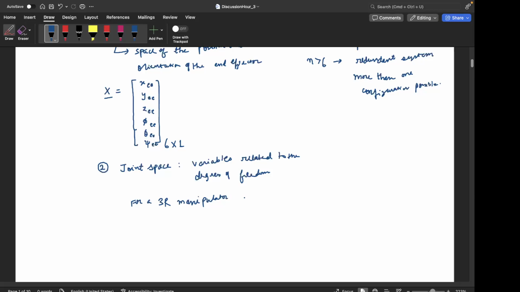For a 3R manipulator, the joint space will be theta 1, theta 2, and theta 3. The size of the joint space is n cross 1, where n is the number of degrees of freedom.